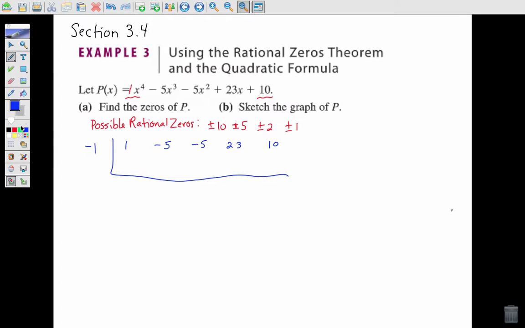Let's try -1. So bring down the 1. Alright, this one isn't going to work either. Let's try 2. That's not going to work.